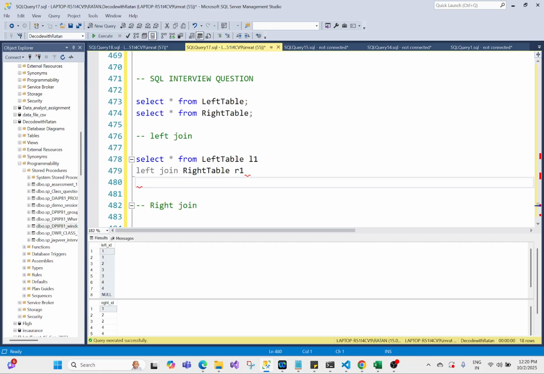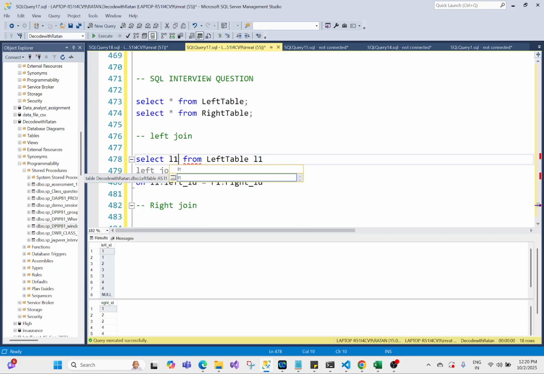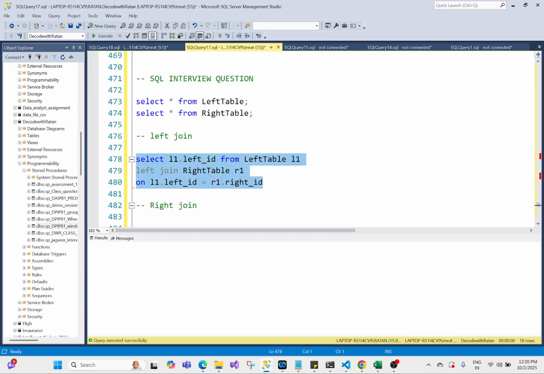Then on what condition? On L1 dot left ID column equals R1 dot right ID column. We want only the left table output, so L1 dot left ID, and we will run this.